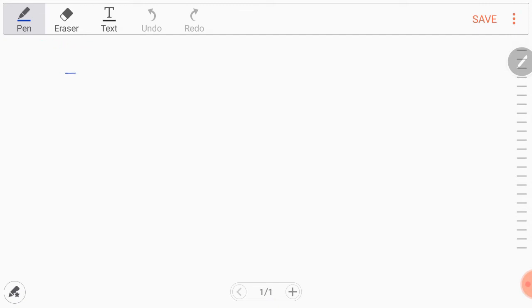Here we go. So first of all, we write the equation: work done is equal to integral from process 1 to 2 of P dV.